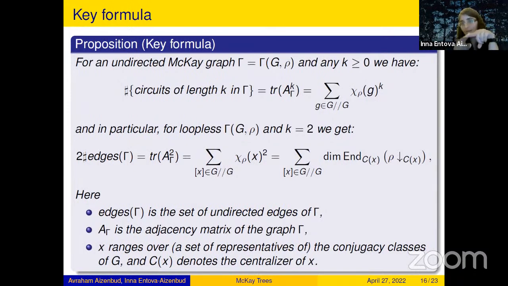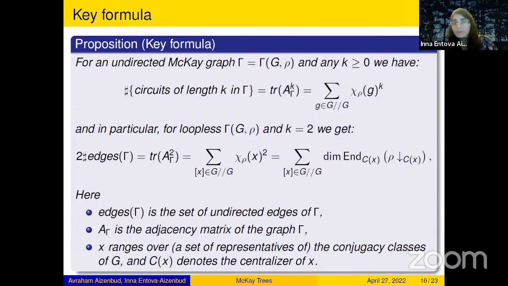So that means that I leave my vertex and I immediately come back. This actually means that I'm computing twice the number of edges in my graph. And so we get from the formula above that twice the number of edges in our graph is the sum of squares of the values of the character of rho on conjugacy classes.